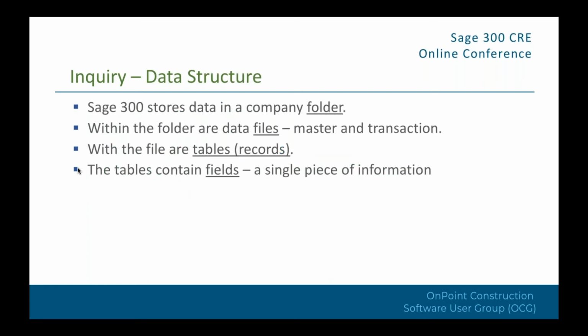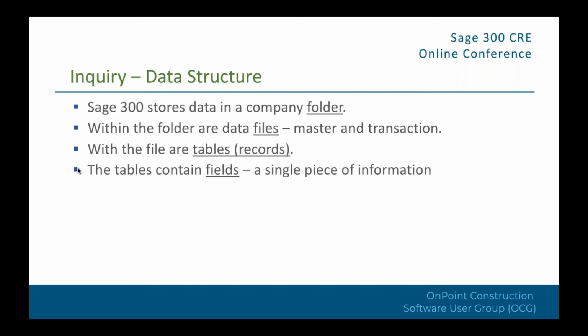So in the data structure, there's your live company folder, and within that folder, there are the data files like master.jcm, current.jct, which is a current transaction file for job cost.